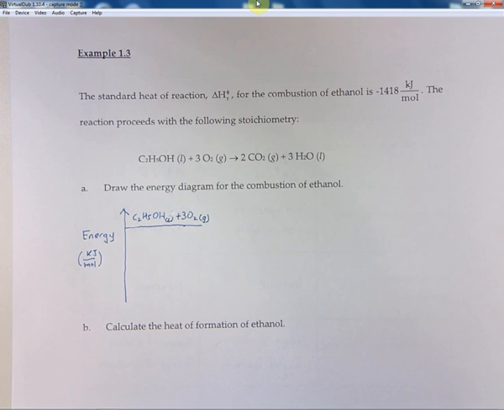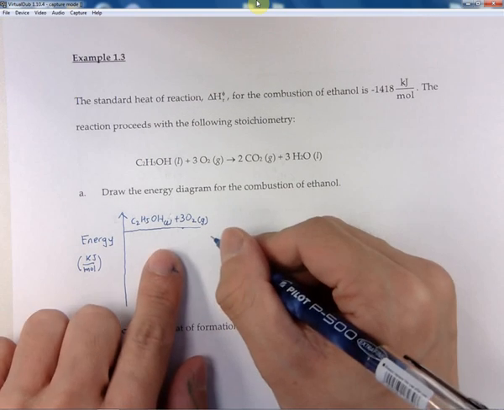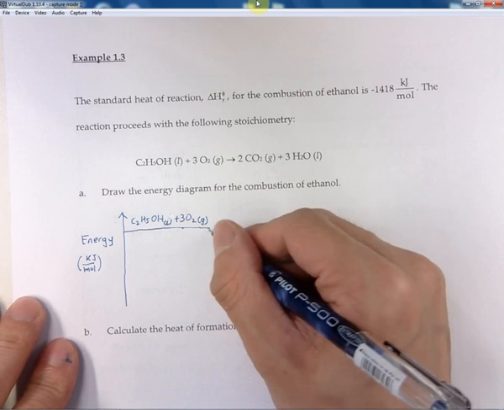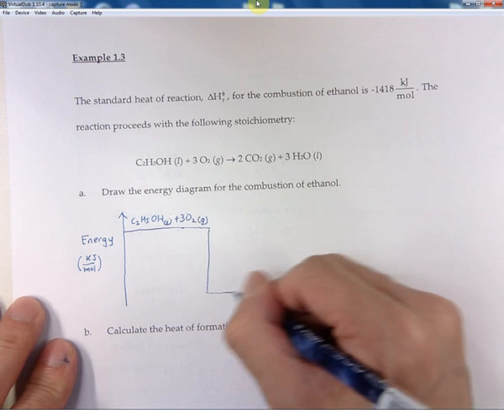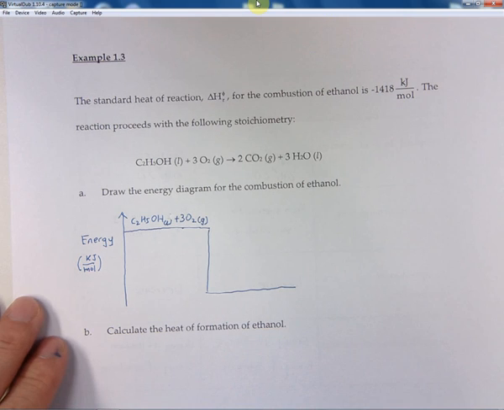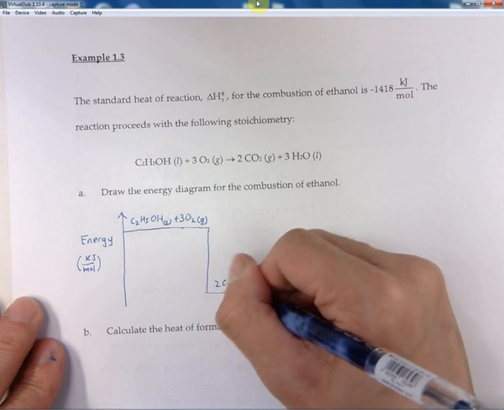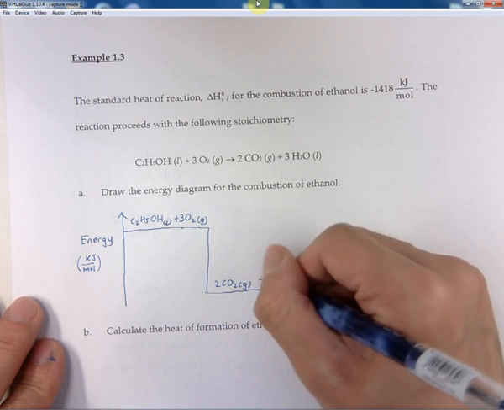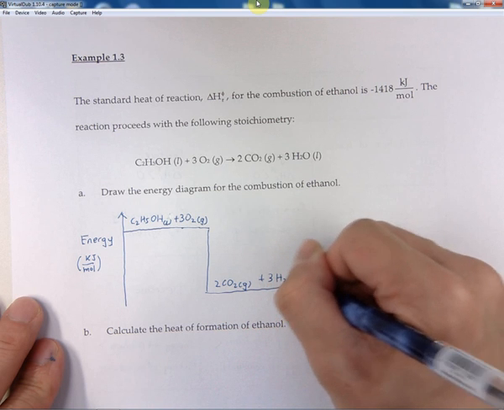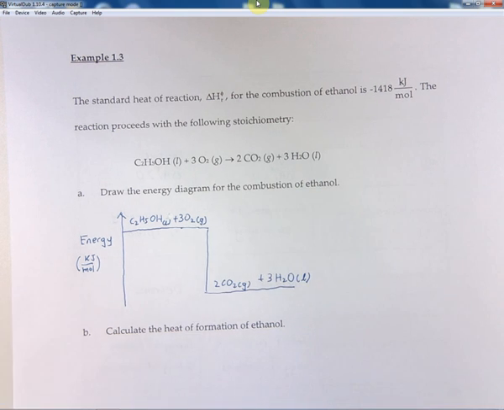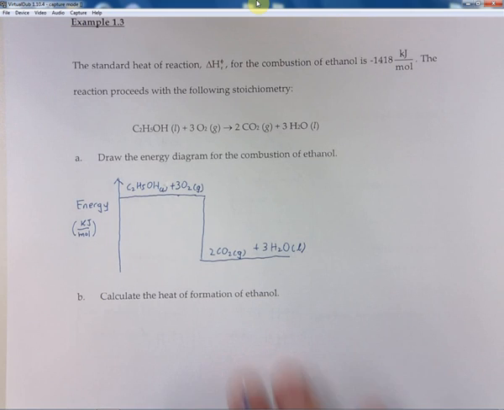The energy of the reactant itself will be higher than that of the product, so there's a net decrease in the overall internal energy. So this is 2CO2 plus 3H2O, and there's a net decrease in energy.